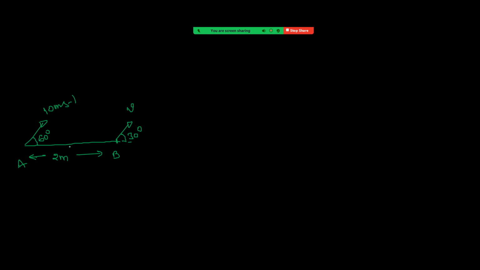So between any 2 points, the separation does not change. That means along the line joining them, the relative velocity must be zero. That means 10 cos 60 should be equal to V cos 30, right?